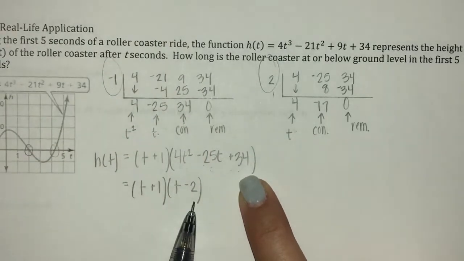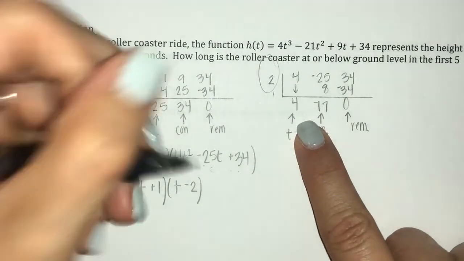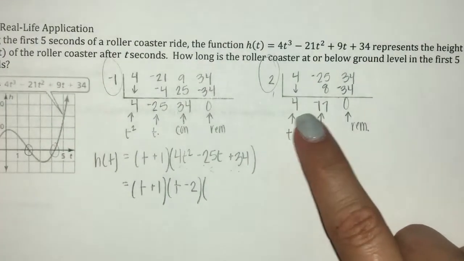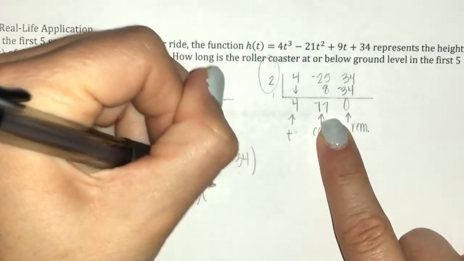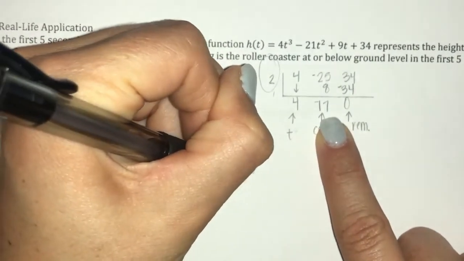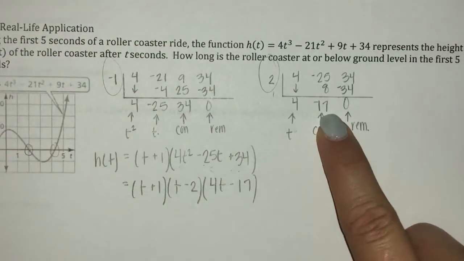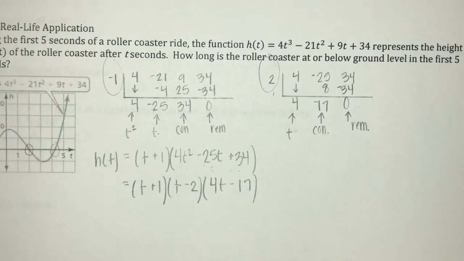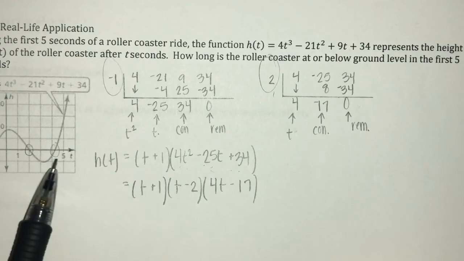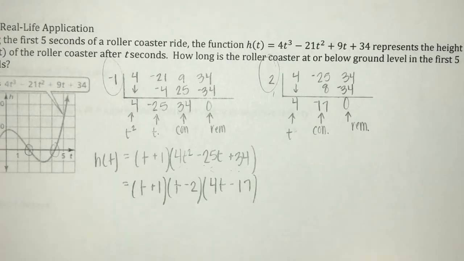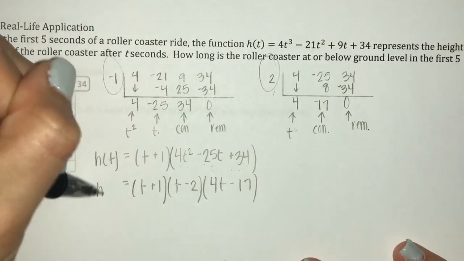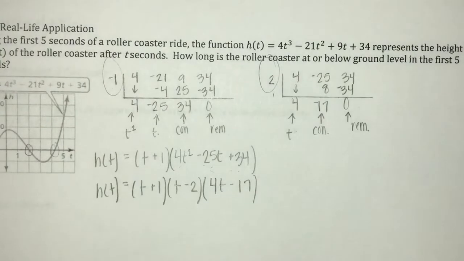And then when I pull out that t minus 2, this is what I'm left with. So 4t minus 17. And then this 4t minus 17 is going to tell us what this last intercept is. So we have h of t equals t plus 1 times t minus 2 times 4t minus 17.